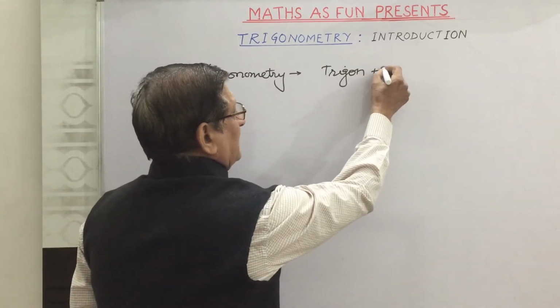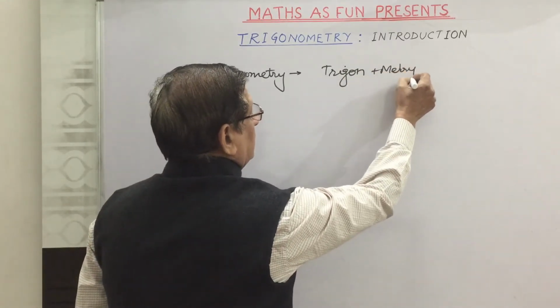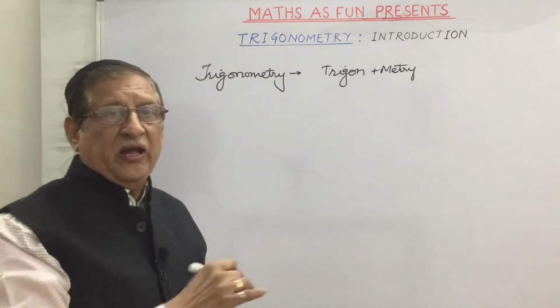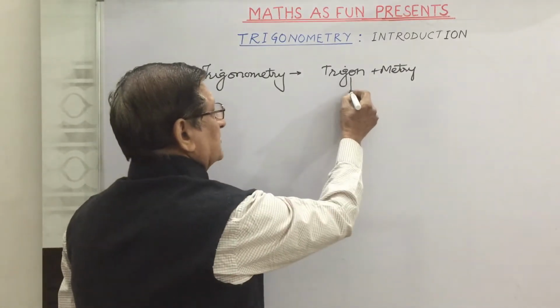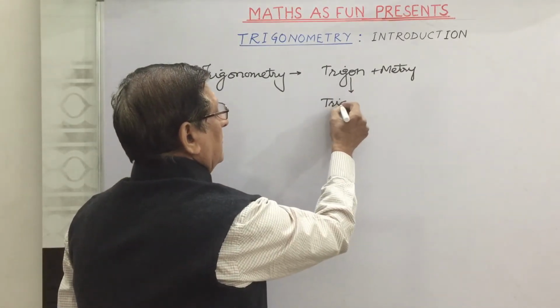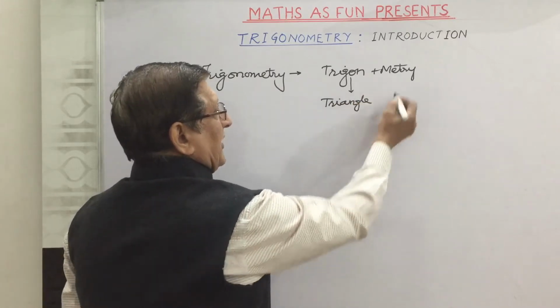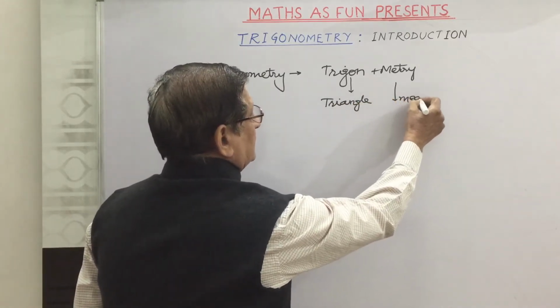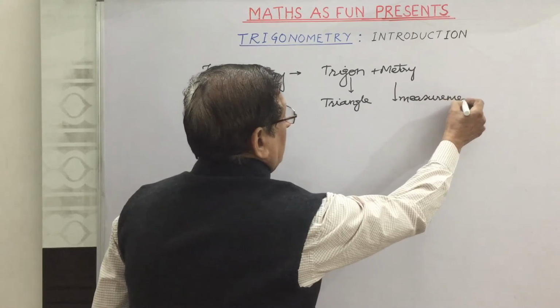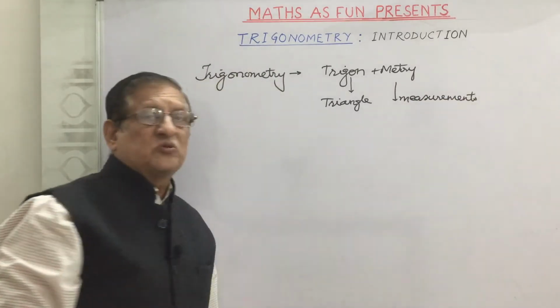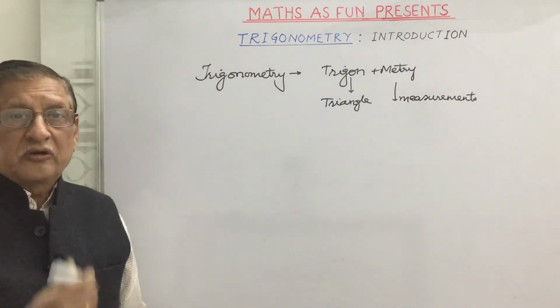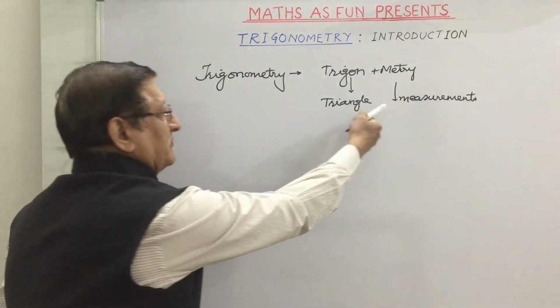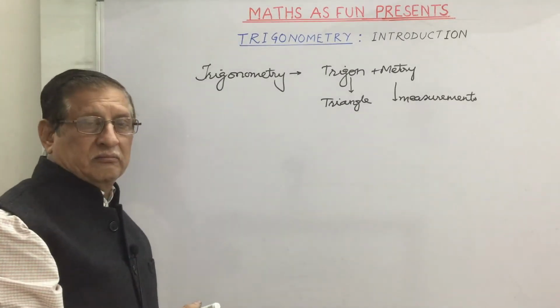Trigon means triangle and metry means measurements. It means trigonometry deals with the measurements of the triangle.